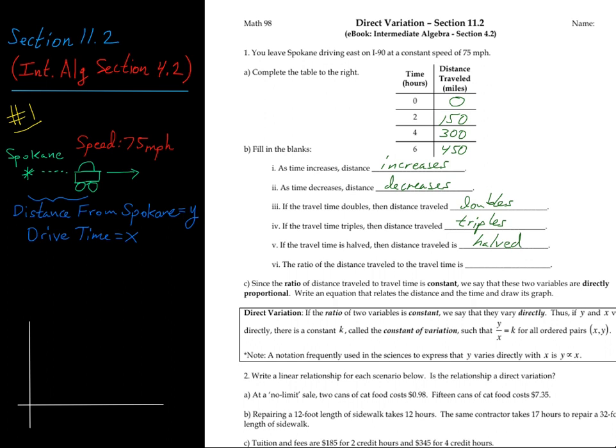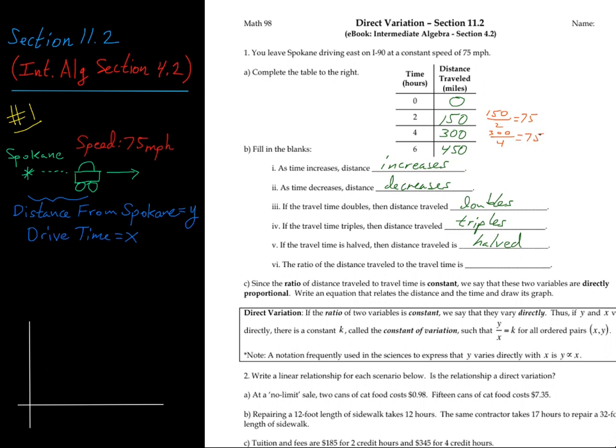And then finally, the ratio of the distance traveled to the travel time. To illustrate, if I took 150 and divided it by 2, I get 75. In other words, the speed of our car. If I took 300 and divided it by 4, again I get 75.